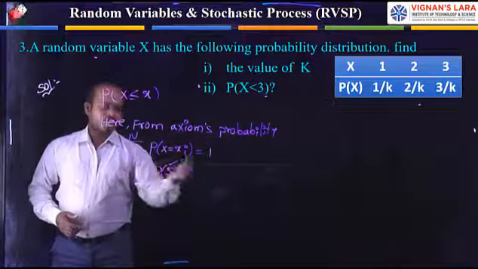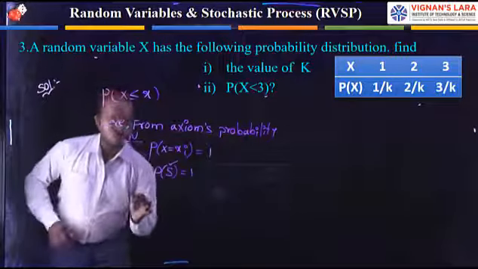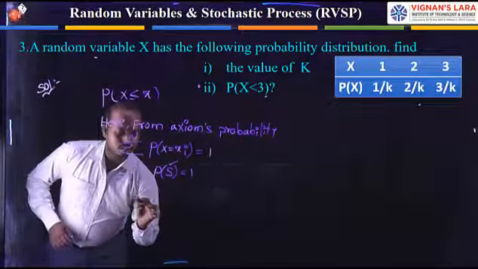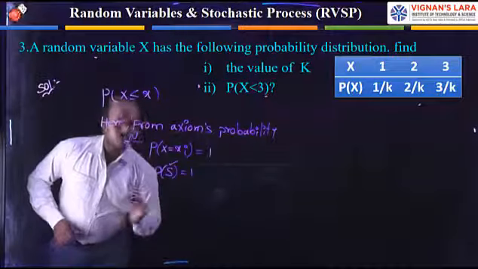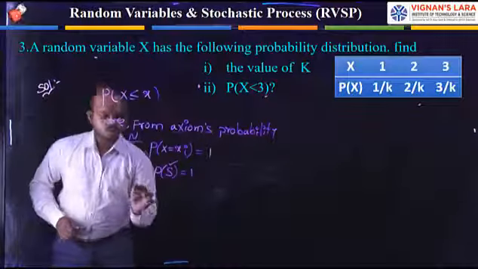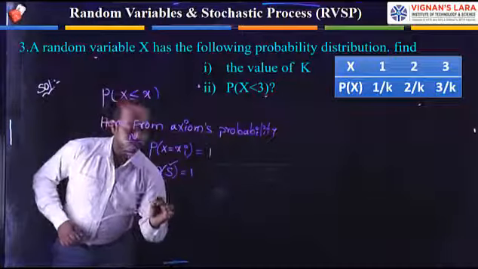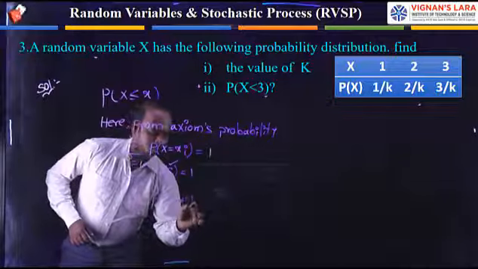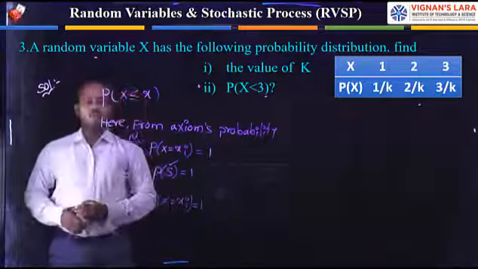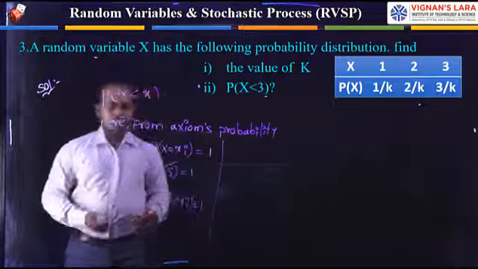Here I am expanding this entire equation. First I am writing the interval: summation i equal to, our interval starts from 1 and ends at 3, of the probability of x equal to xi equal to 1. Now I am expanding this summation.